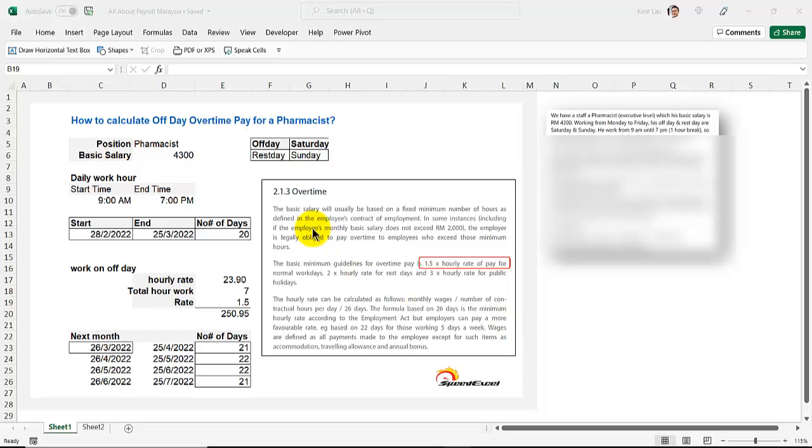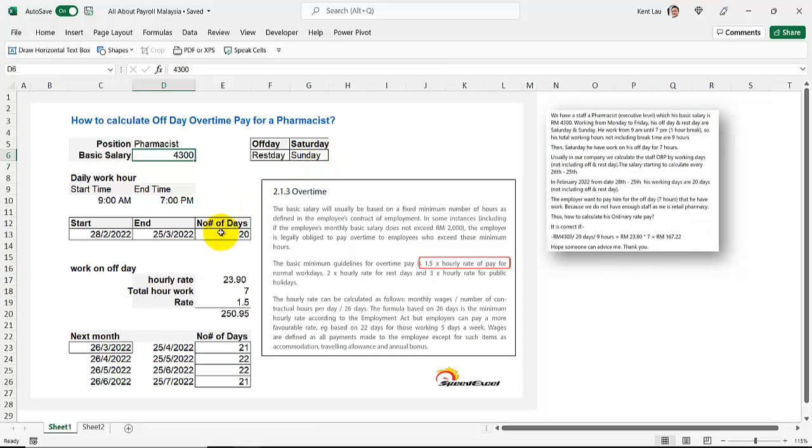So, there's a pharmacist, the basic salary is 4,300, and he or she works 9 hours a day from Monday to Friday, and the Saturday is an off day, and the pharmacist will rest on Sunday, so 1 day rest.